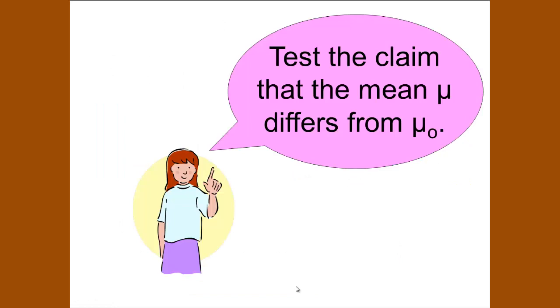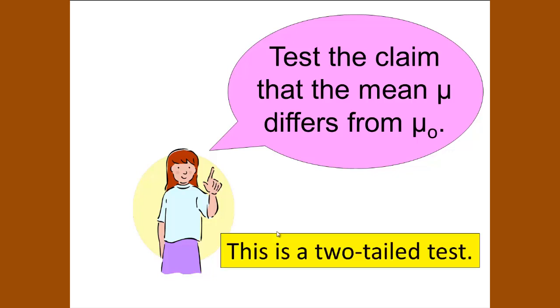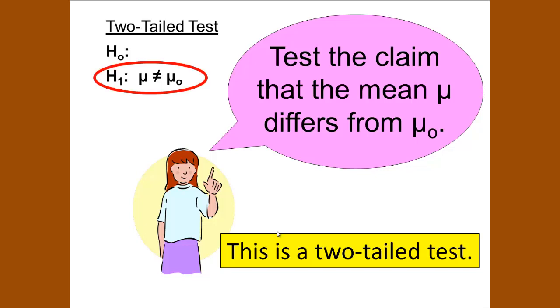The third scenario is where we would test the claim that the mean mu differs from mu sub 0. Again, remembering mu sub 0 is a number from our problem. This is a two-tailed test, since this is differs from, and remember differs from is indicated by mu not equaling mu sub 0.